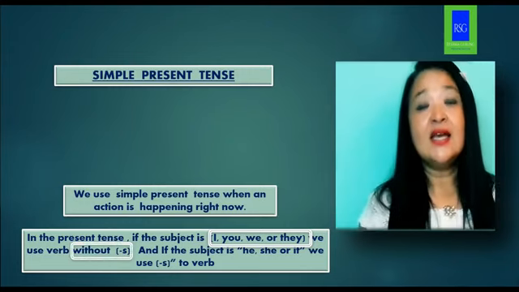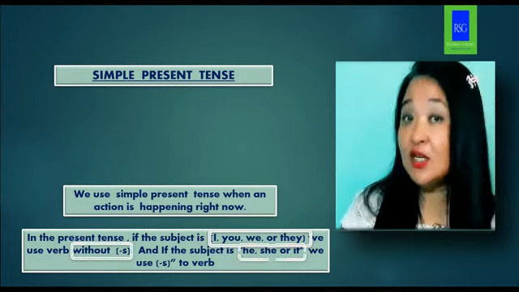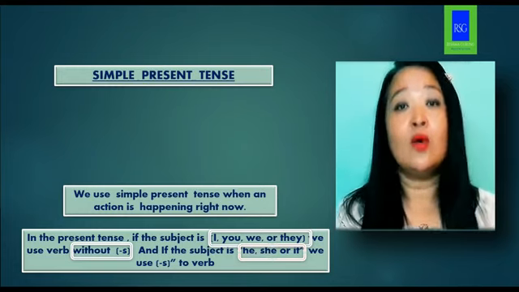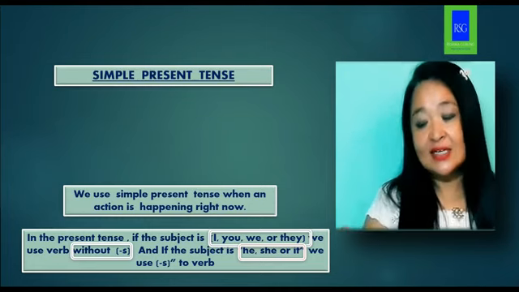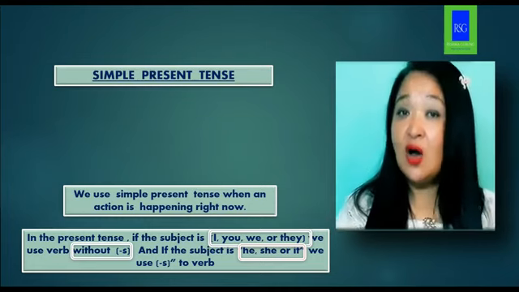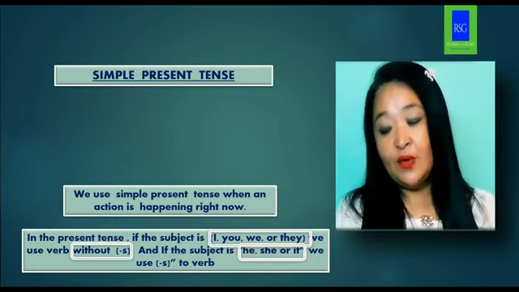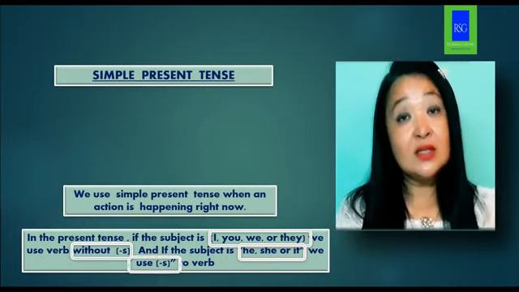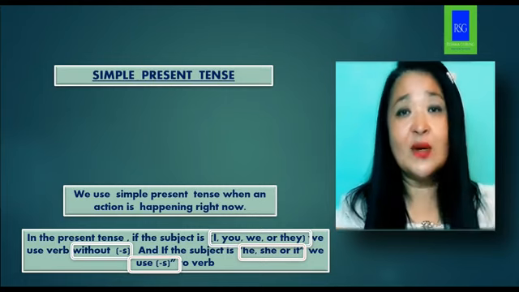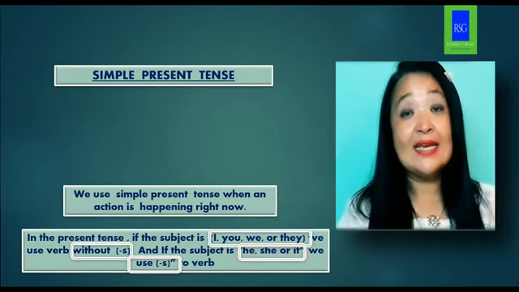And if the subject is he, she or it, then we use s with the verb. So this is the structure, but all this that I said verbally, let us see with the help of a sentence example that will give you a better understanding.